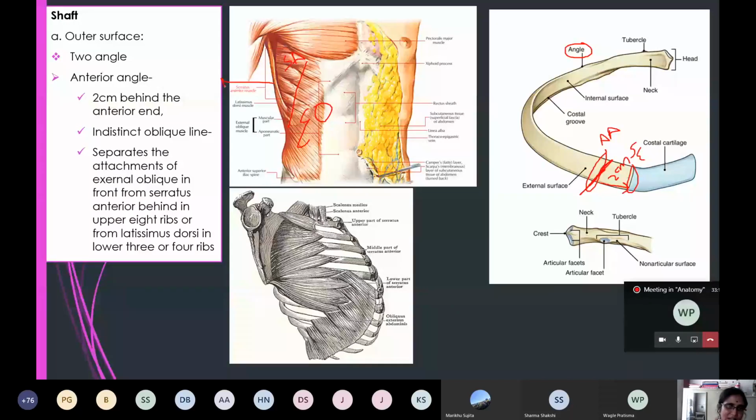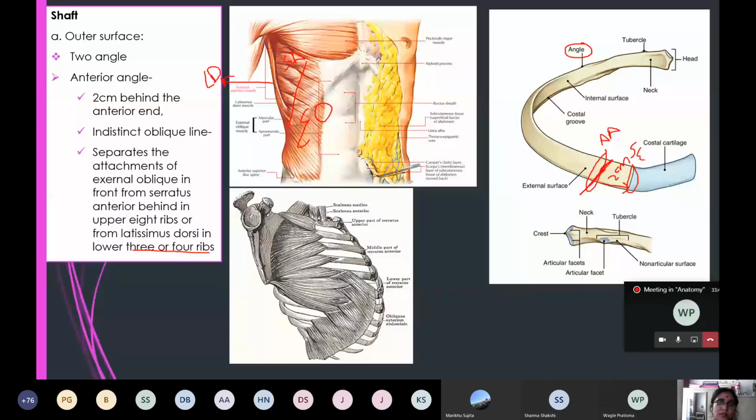This one is latissimus dorsi, in the lower 3 or 4 ribs. So that means there is an interdigitation of the external oblique of the anterior wall of abdomen with the serratus anterior and latissimus dorsi muscles of the upper limb at the anterior angle of ribs.